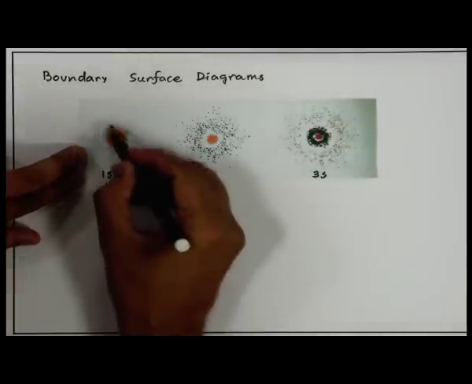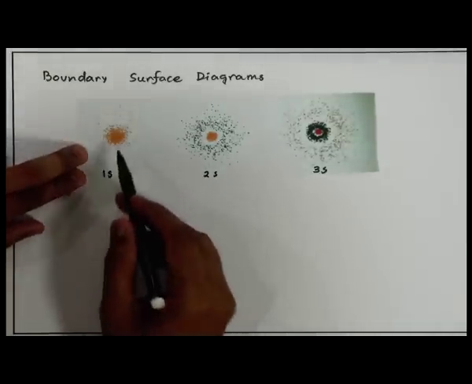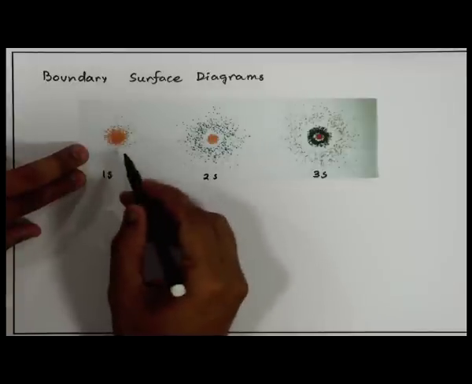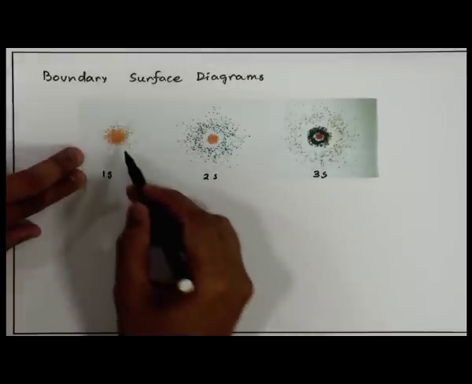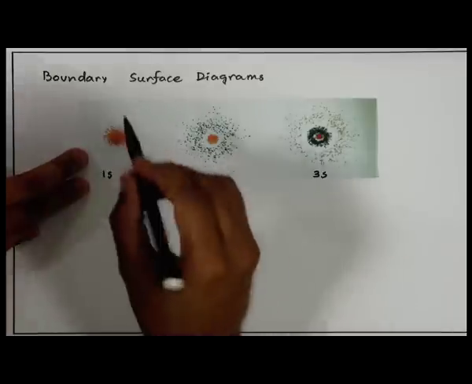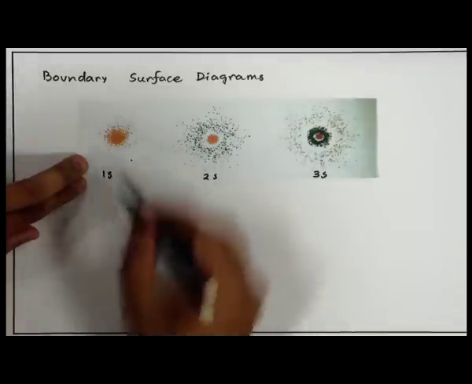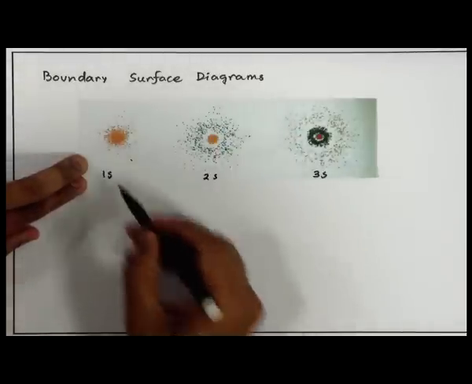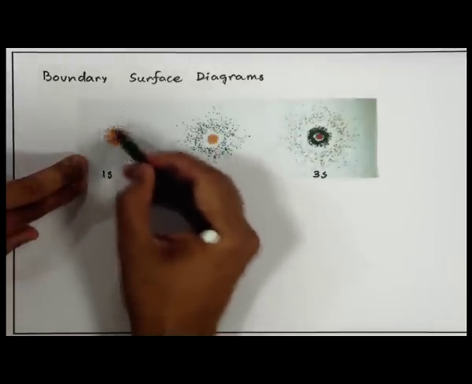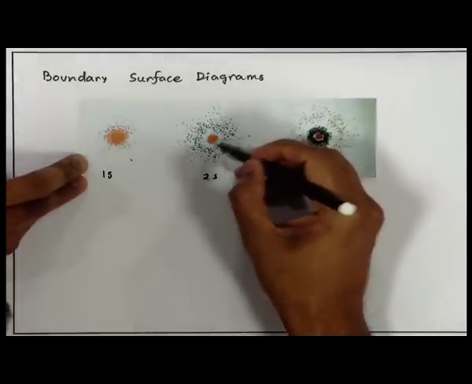In 1s you see a single sphere, but you cannot actually identify the sphere within which all possible locations of electrons are denoted, because you see here I have a dot, here I have another dot, but most of the dots are concentrated in this place.